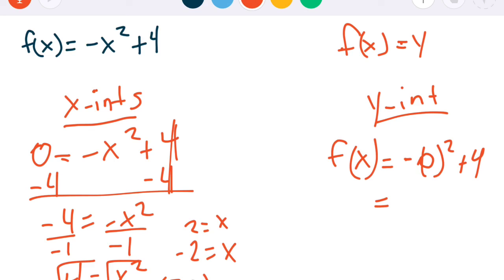Negative 0 squared, that's just 0. So we're going to get f of x equals 4. So the y-intercept would be 0, 4. Now we could take our y-intercept and our x-intercepts and graph this quadratic by hand, but we will get to that in a later video.